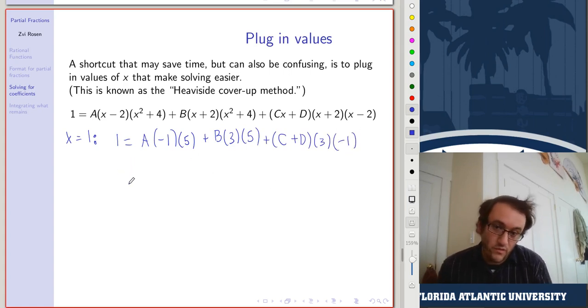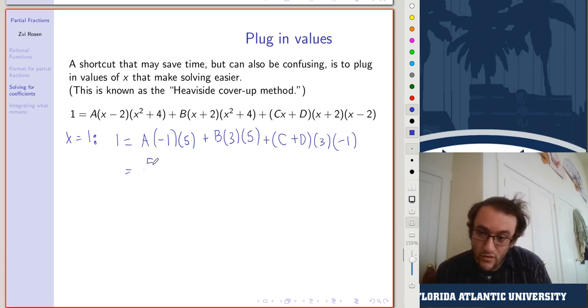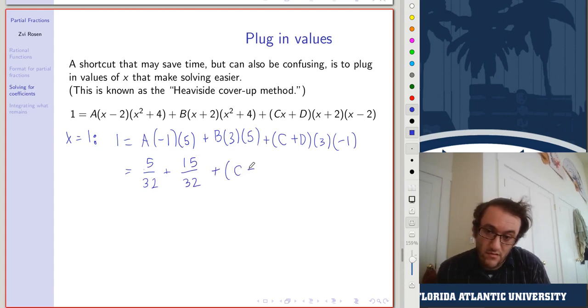Okay, well, we already know the values of a, b, and d, so this is 5 over 32 plus 15 over 32 plus c, is it positive or negative an eighth? c minus an eighth times negative 3 equals 1.